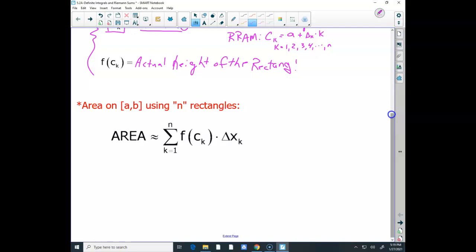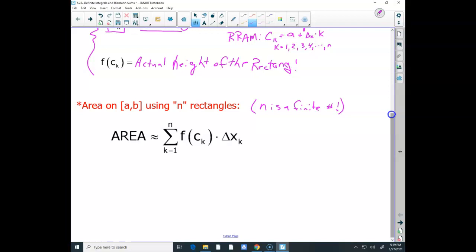Okay? Now remember, we did this a long time. N is a finite number. And I'm saying n is a finite number here, and there's a reason why I'm saying that, and I'm going to point that out.